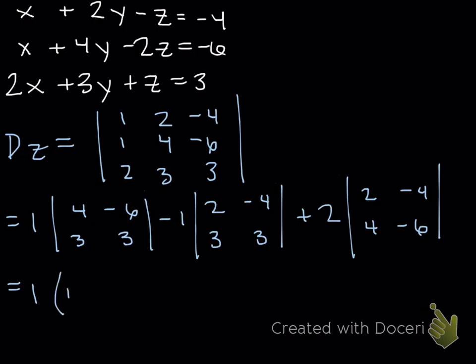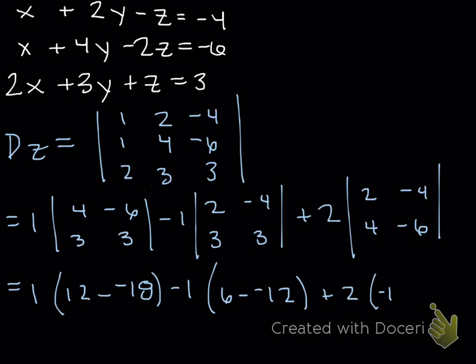Alright, so we have 1, I have 12, minus a -18, minus 1 times the quantity of 6 minus a -12, and then plus 2 times the quantity of -12 minus a -16.